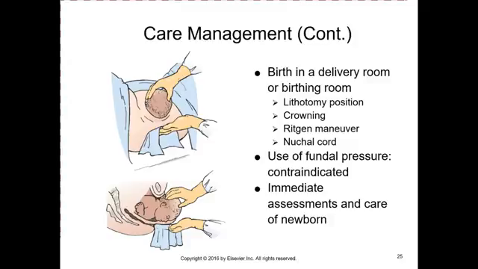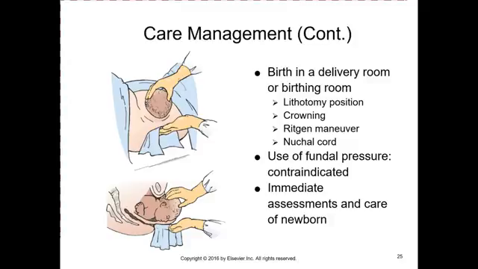And then with the bottom hand, their left hand, and the right hand on top, they apply just a little bit of counter pressure so the head doesn't pop out all at once. It's a very controlled, slow delivery that allows for the natural stretching of the perineum to hopefully prevent episiotomies and any type of lacerations. And there was a little bit more in the book on that maneuver.